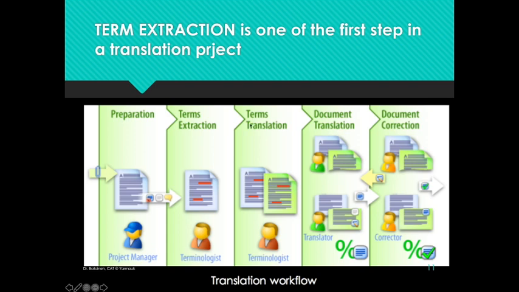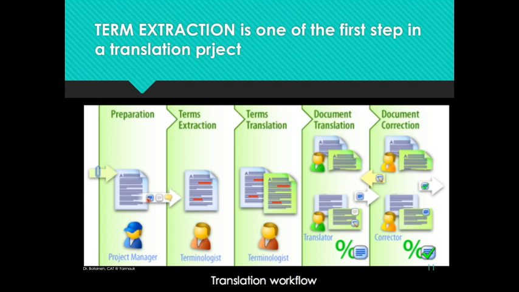Now we are going to talk about the term extraction phase, this one. Now imagine that you have a project that contains 4,000 pages. How are you going to extract terms? If you do it manually, it's going to take so long to do this.